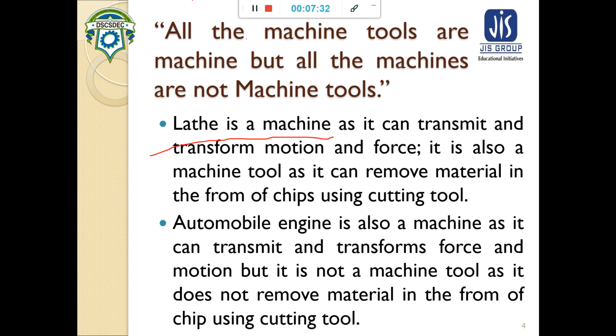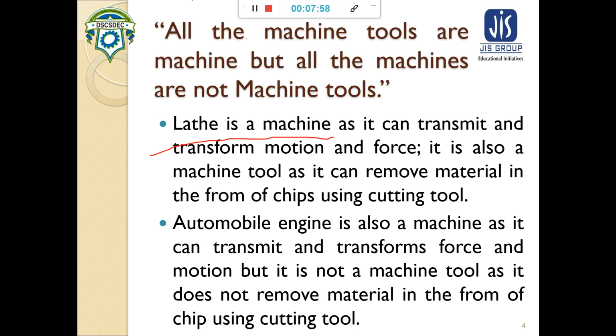But let us take an example of a machine, that is an automobile engine. In an automobile engine, what happens? The heat from the combustion is converted to mechanical energy. So that means force and motion can be transmitted and transformed.